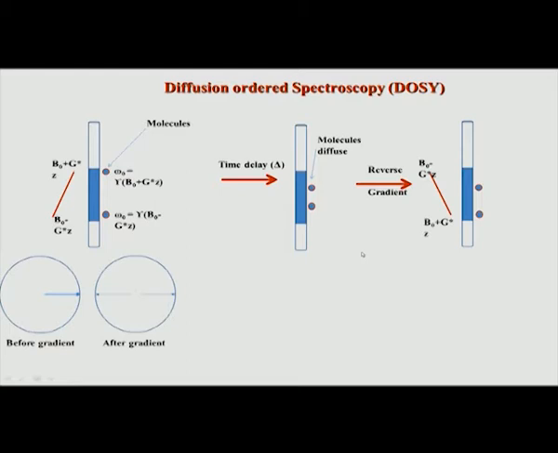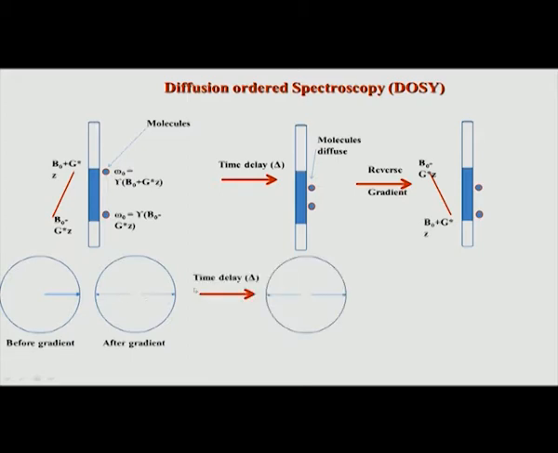So let us see by vector picture what is happening. This is what we saw. Let us say we have 2 spins, so I have put 2 arrows corresponding to these 2 spins. Then after the gradient is applied, suppose they are out of phase, meaning one is exactly opposite to the other. So there is no signal. If you add the 2 signals, they are opposite, so it is 0.